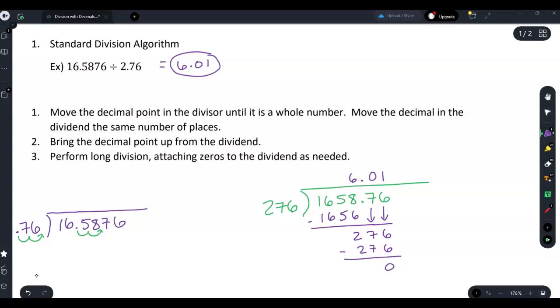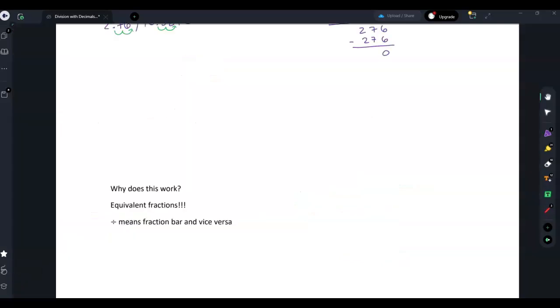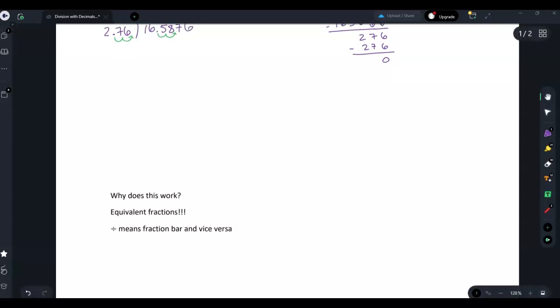So then real quick, let's talk about why this works. So the reason that this process works is equivalent fractions. So we started with 16 and 5,876 10,000ths divided by 2 and 76/100ths. But we can think of division as a fraction, and we've done that a lot, right?